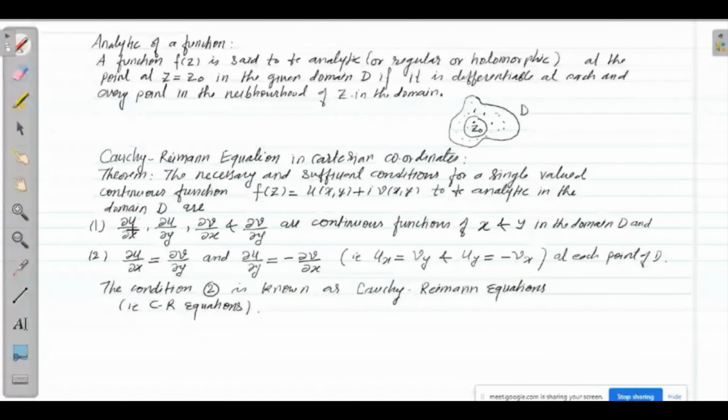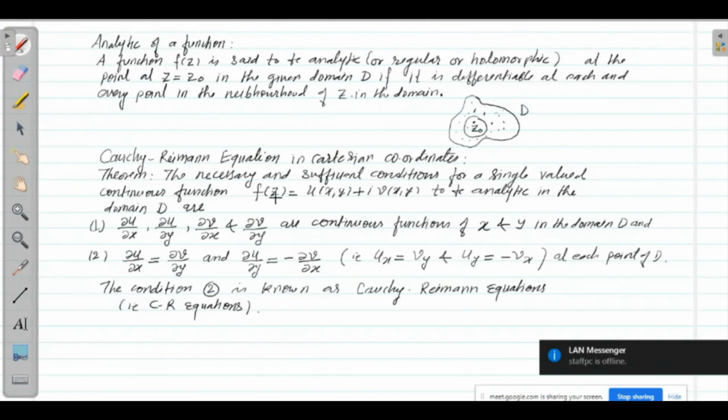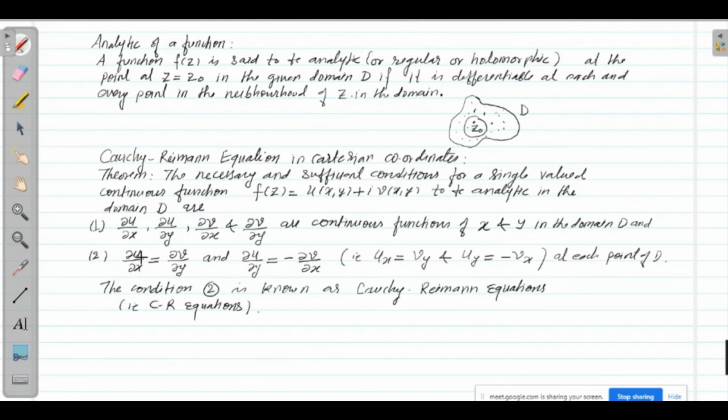So our partial derivatives are functions of x and y, and they must be continuous in the given domain D. And the second condition is that function f must satisfy the CR equation, meaning dou u by dou x equal to dou v by dou y and dou u by dou y equal to negative dou v by dou x.